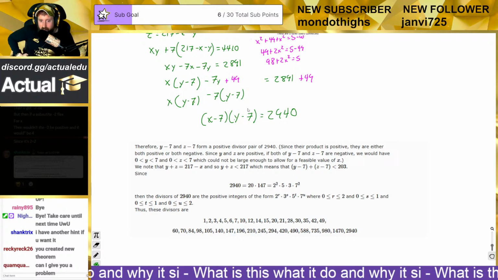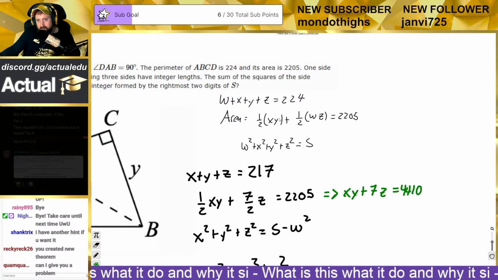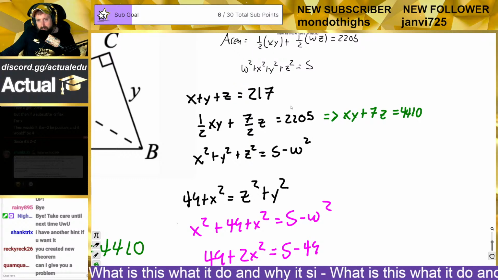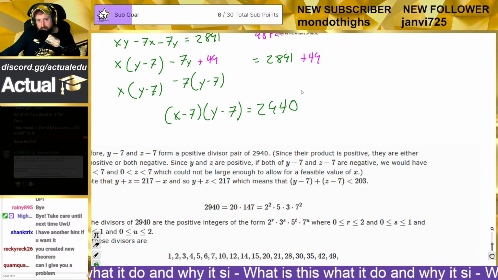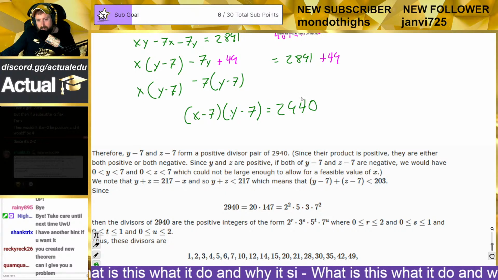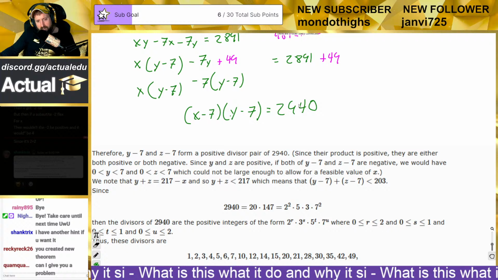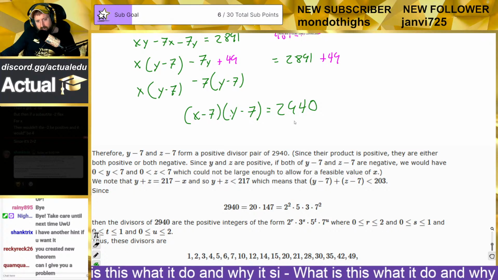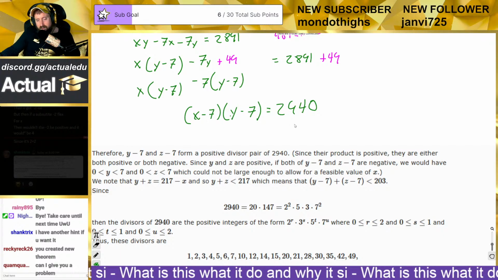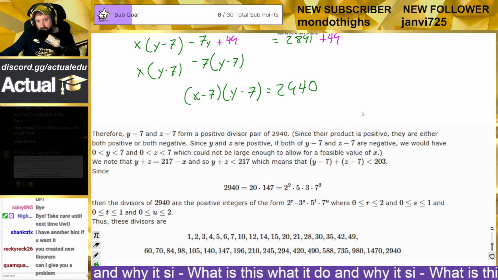Y plus Z equals 217 minus X. Where do we get that? Oh, okay. No, we did have that over here. So Y plus Z must be less than 217. Okay.